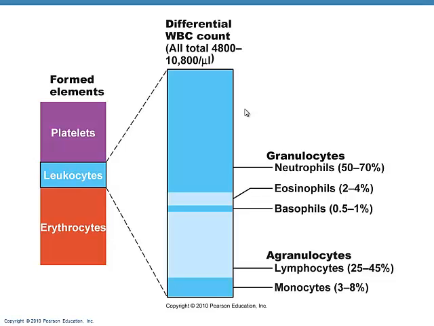This is the one on page 641, and these are the numbers you need to know. So it's the percentages of white blood cells that you need to know from this chart, because all the other ones have different numbers.